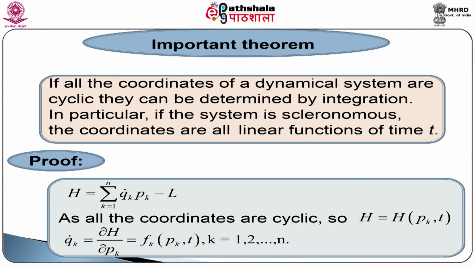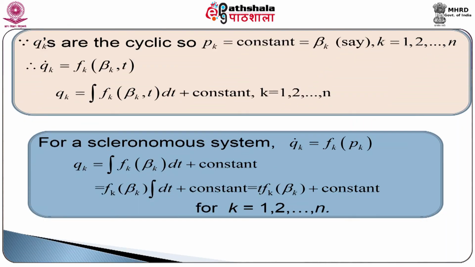Hamilton's equations of motion give qk dot equal to ∂H/∂pk. This can be written as qk dot equal to fk, which is a function of the generalized momenta pk and time t, k varying from 1 up to n. Since the qk's are cyclic coordinates, pk equal to constant.